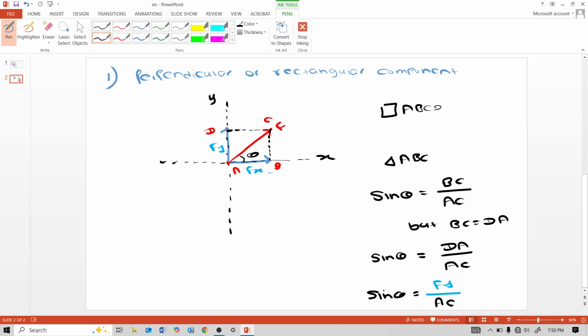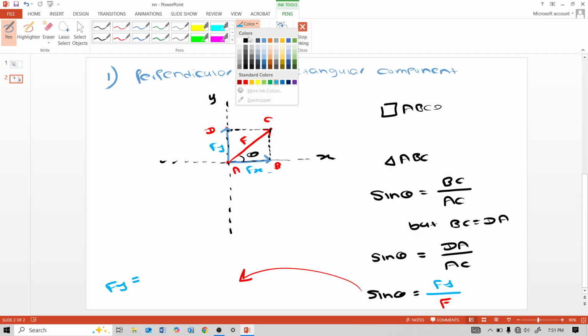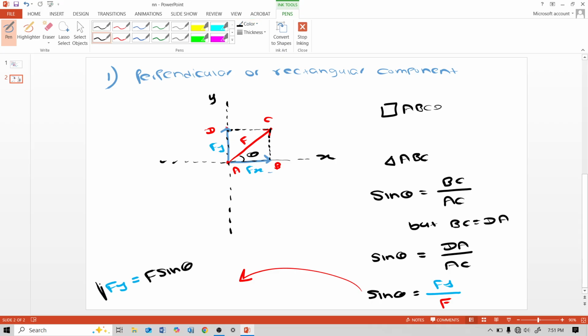And AC is also the force F. So from this equation we are able to write, Fy is nothing but F sin theta. So we derive this one component as Fy is equal to F sin theta.